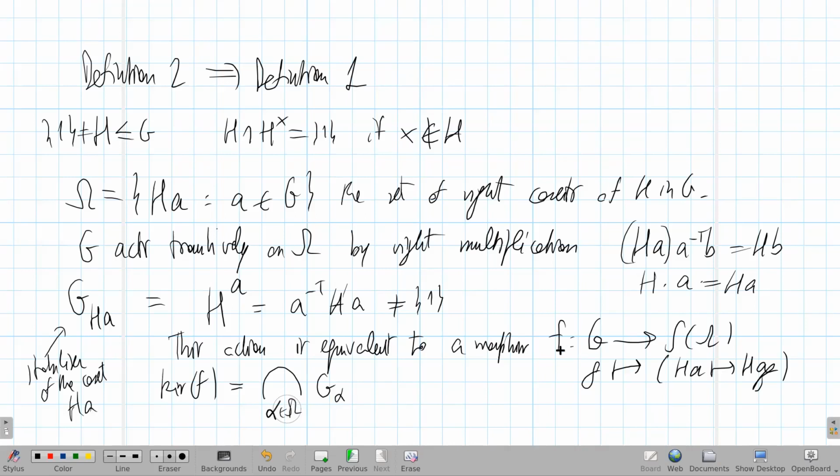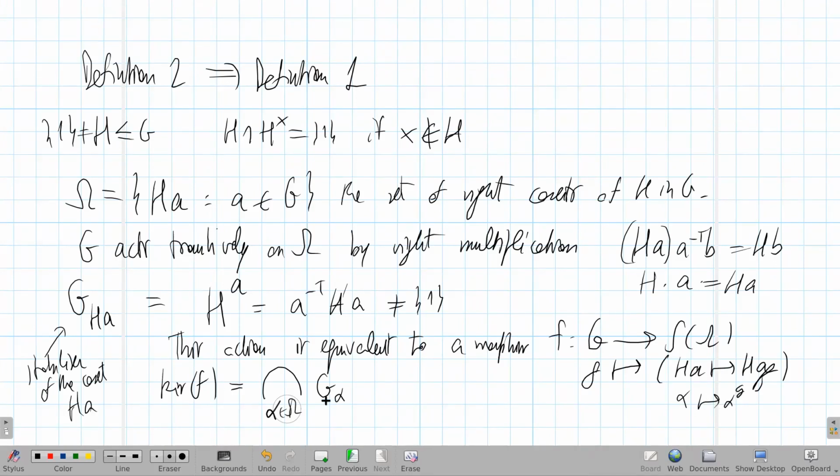Because an element g is in the kernel, so it goes to the identity, if it sends alpha to alpha for all alpha, it means it's the identity.